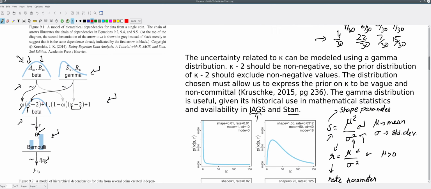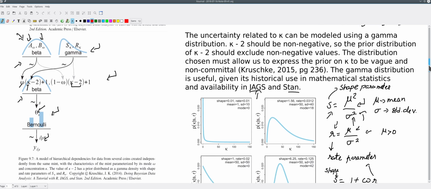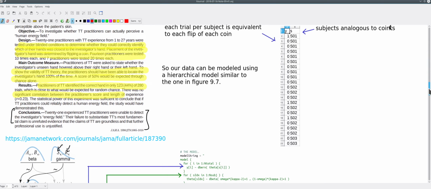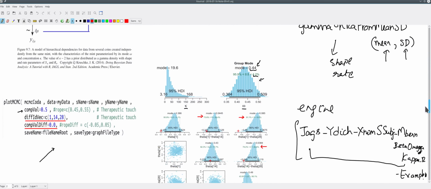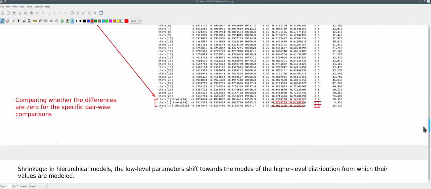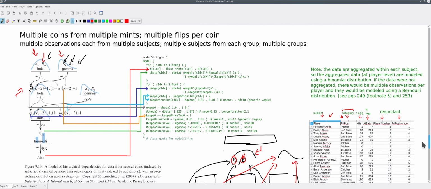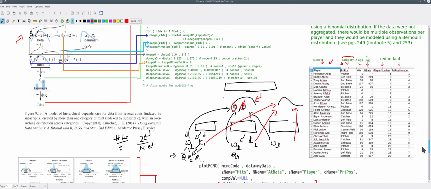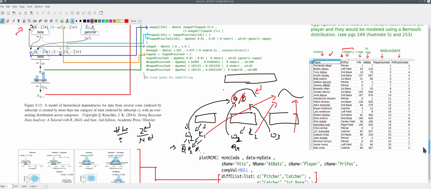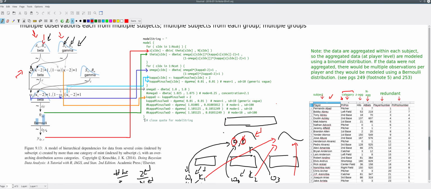Now because we have categories also, we are factoring that information into our estimate, because we believe that players do differ in terms of their ability, and that difference can be modeled based on the category to which they belong, the category of fielding or pitching or catching. Okay, and here's what the model looks like.